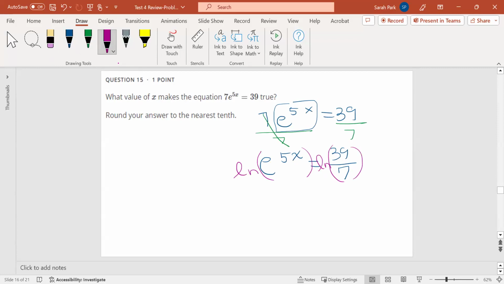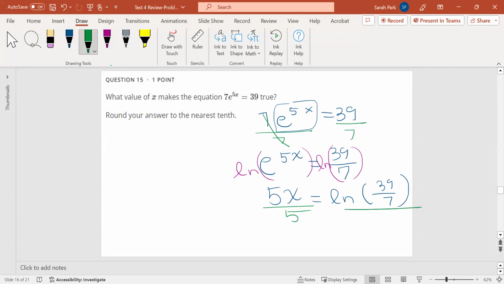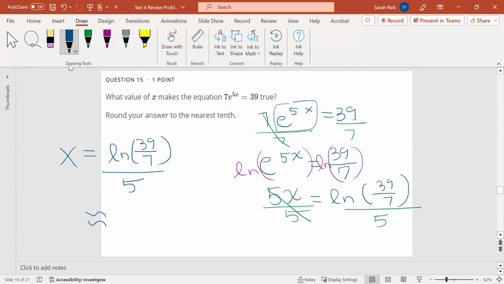This simplifies to 5x equals ln of 39 over 7. And then to get x by itself, you can divide both sides by 5. So the answer is x equals ln of 39 over 7 divided by 5, but it wants a decimal answer.